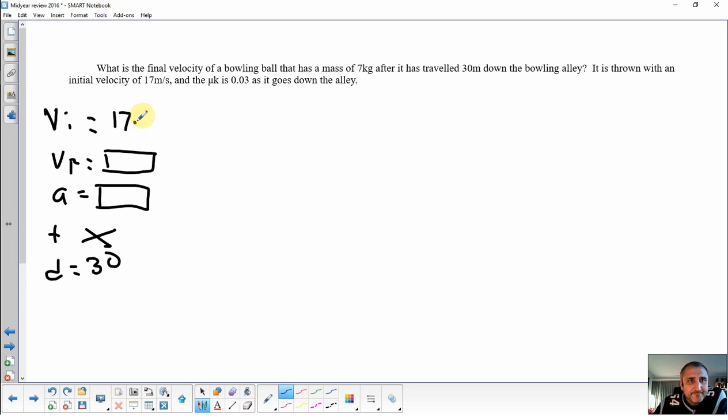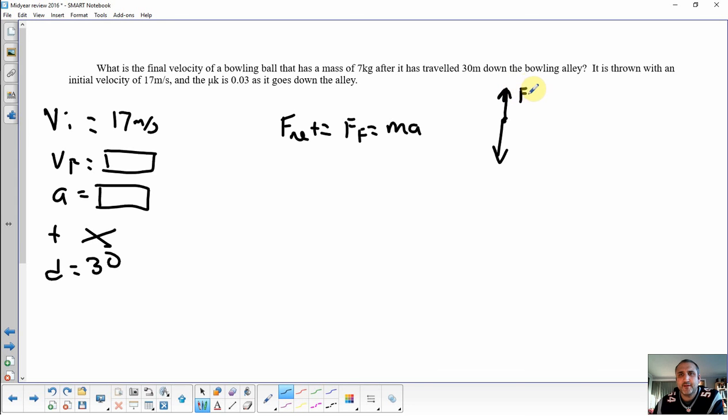17 meters per second. Okay, F net equals the force of friction equals ma. You've got normal force and gravity, so Fn, Fg, and once you release that ball, there's only one force left on it going horizontally, because you're not pushing it anymore. That would be the force of friction. The force of gravity is negative 70, so the normal force is positive 70, because it's a 7 kilogram object.